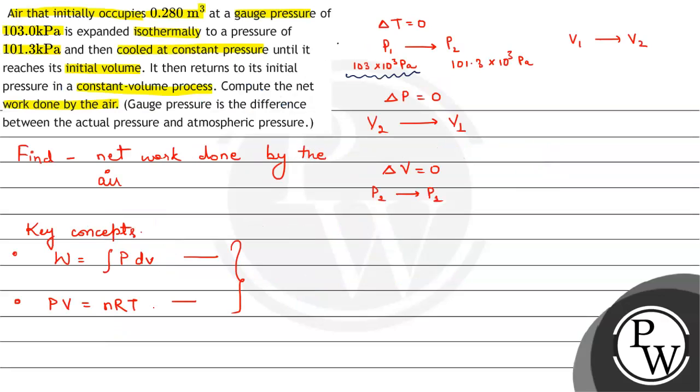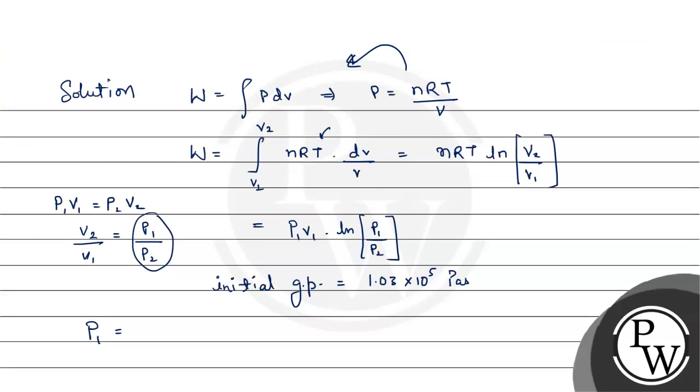P1 will be equal to 1.03 into 10 to the power 5 pascals plus 1.013, which is given to us, into 10 to the power 5 pascals. So this is the value of P1.